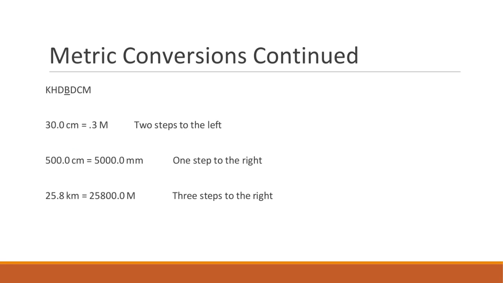So when we're continuing on these metric conversions, let's try this. If I'm going to go from centimeters, so let's go back to meters, right? If I'm at centimeters, I need to take 2 steps to the left. Those steps are a little ugly, sorry, but you can see that it just ends up putting my decimal place right in front of the 3, and I can read this back as exactly what it is, which is 0.3 meters.